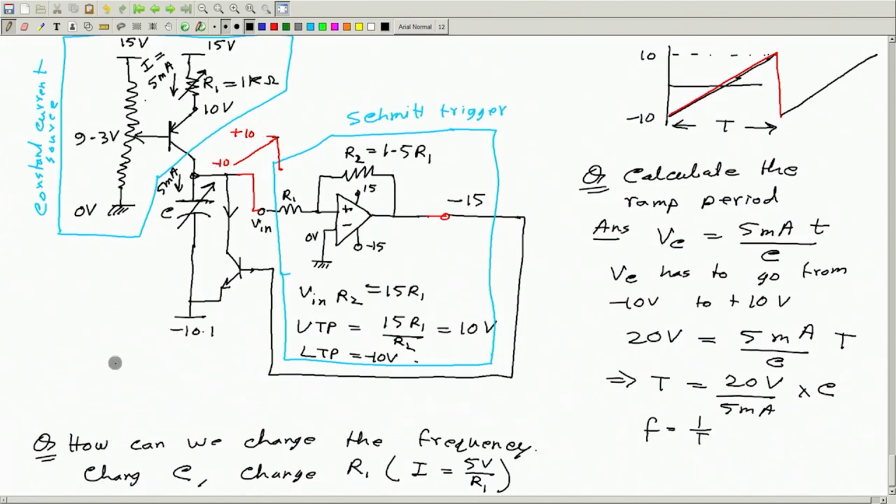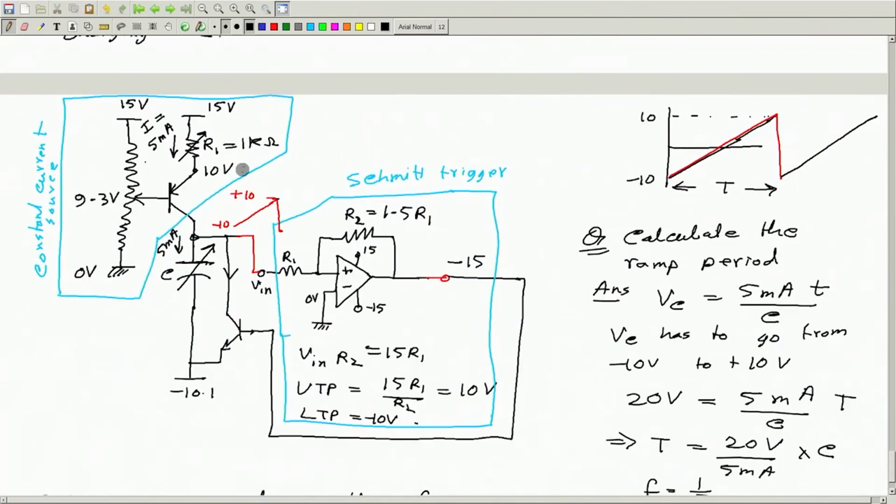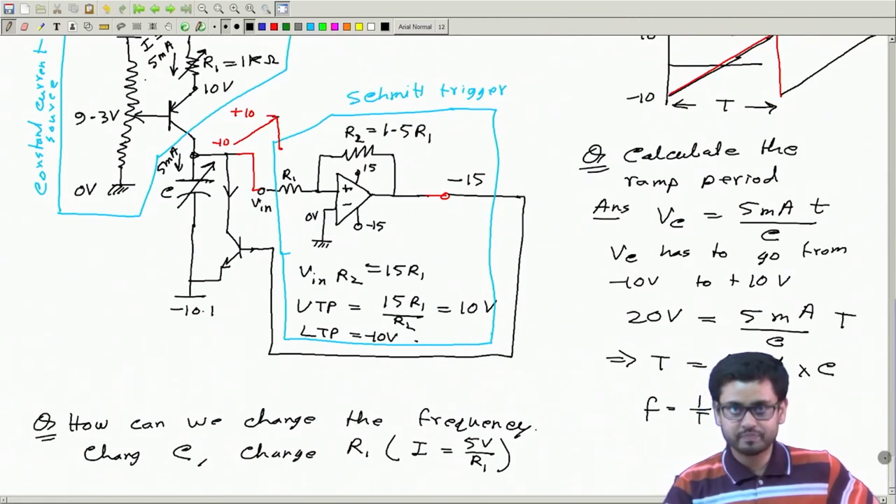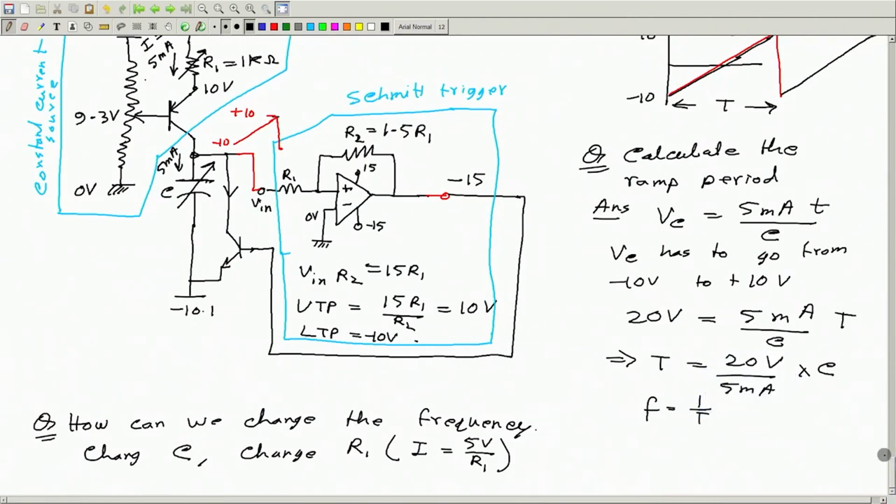So you can change this, and thereby you can have a controllable ramp generator. Okay, and here in this circuit we have taken a constant current source which is realized using a transistor based circuit.